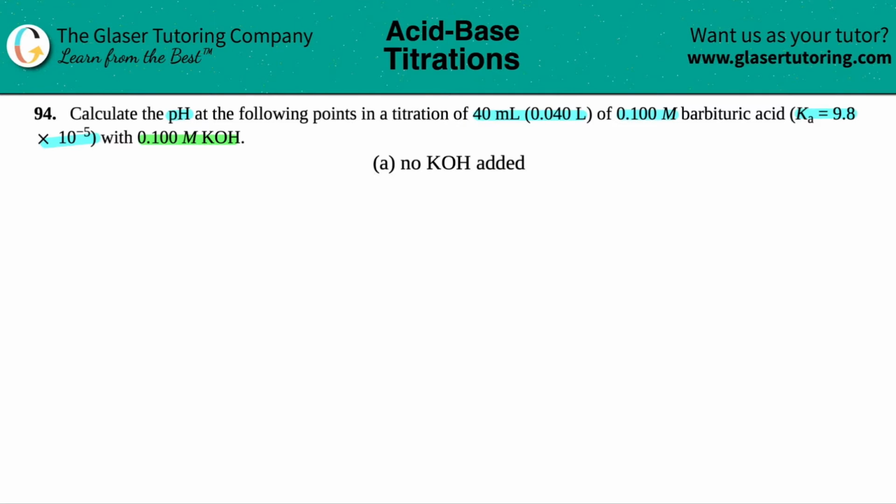They're telling us that we have 0.1 molar of this barbituric acid, and let's just call this a general acid formula, right? So generally, you'll just have the acidic hydrogen in the front, and then we'll say A for the end. So this is HA, since they don't tell us what the component of this acid is. But it's an acid nonetheless, and they give us a Ka.